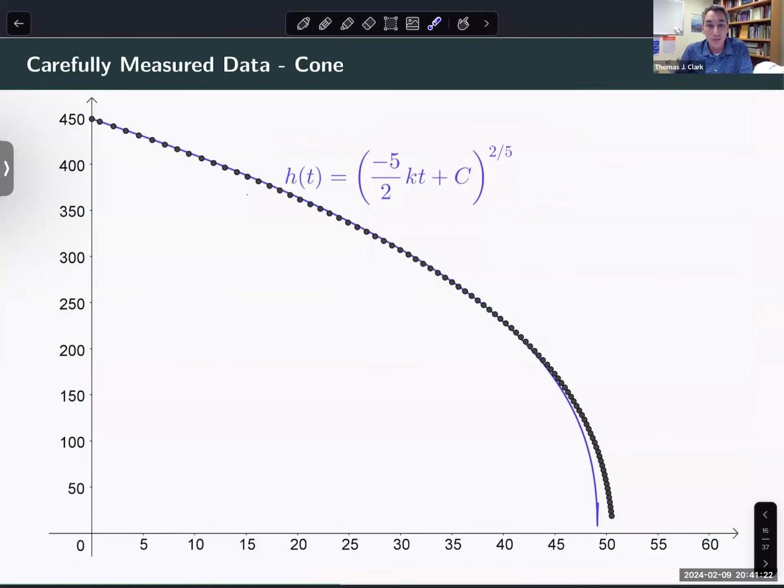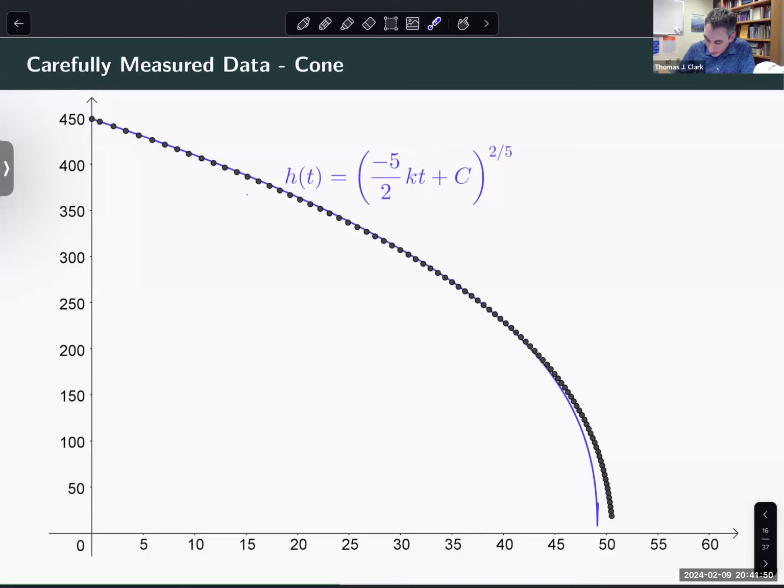It's a 2/5 power. I always tell my students, have you ever seen a 2/5 power actually be meaningful in your entire life? I've never seen a 2/5 power actually have a meaningful answer. And here it is, and again, the C is determined by the initial height. And then that K, you just pick K so that you hit the first couple data points and then you see what happens.